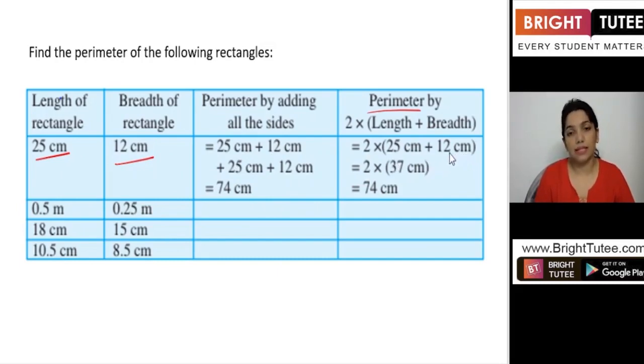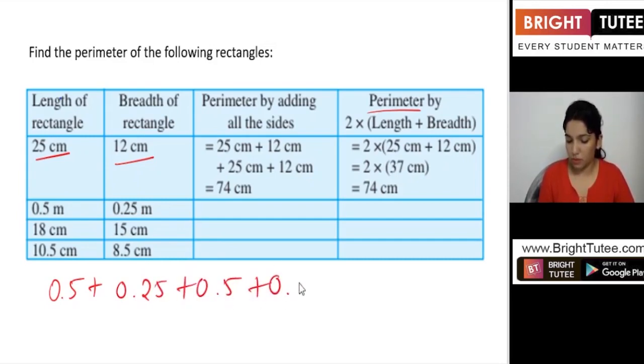Okay, let's do this the same way. Here it is 0.5 meters and 0.25 meters. Okay, so let us add 0.5 plus 0.25. So we are just adding 0.5, 0.25 plus 0.5 plus 0.25. Okay, this is how we are also going to add. So let us find the answer. 0.5 plus 0.5 plus 0.25 plus 0.25.